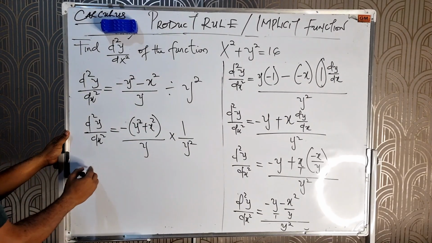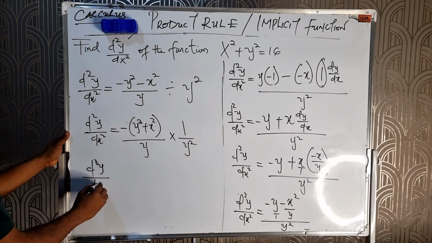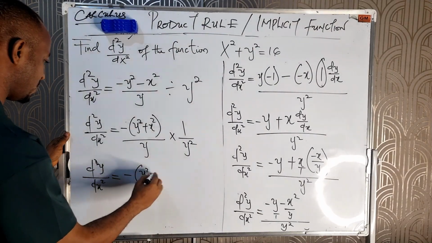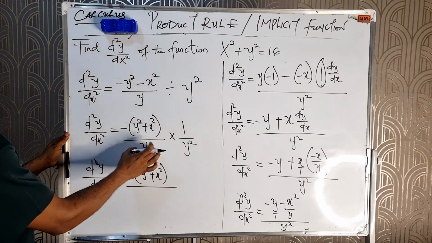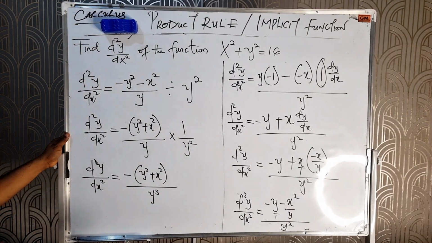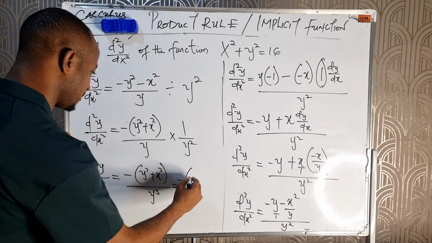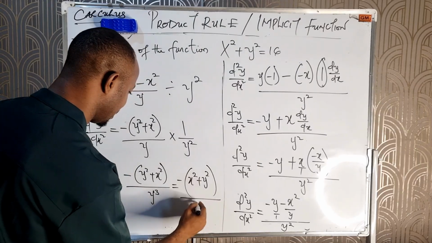Let's finish this up. We have d²y over dx² equals minus y² plus x² over y times y², which is y³. I can also rewrite this as minus x² plus y² divided by y³.